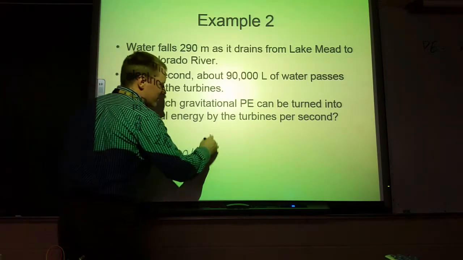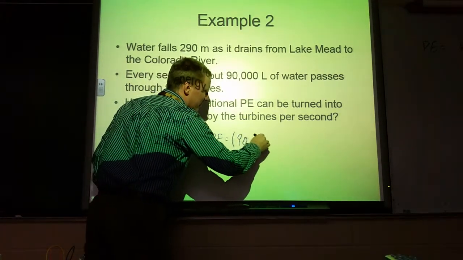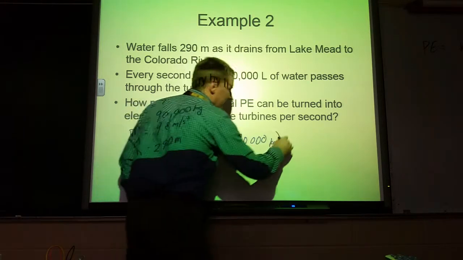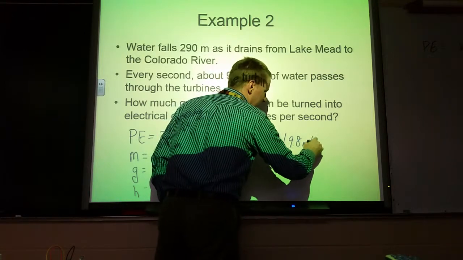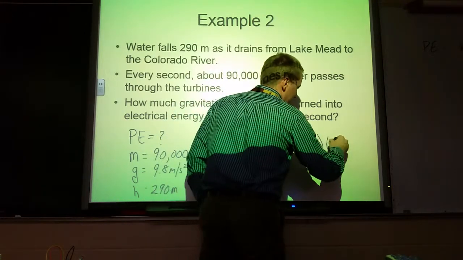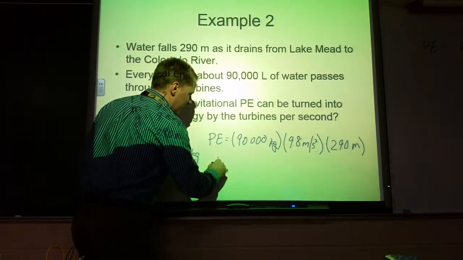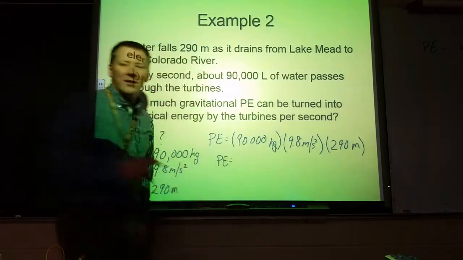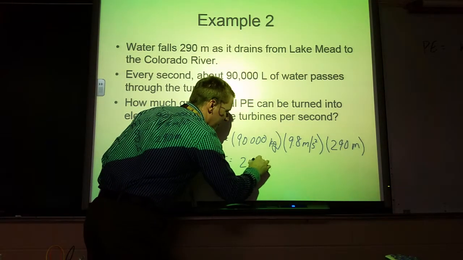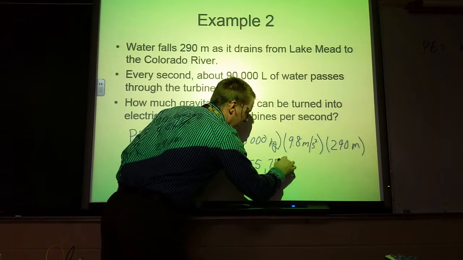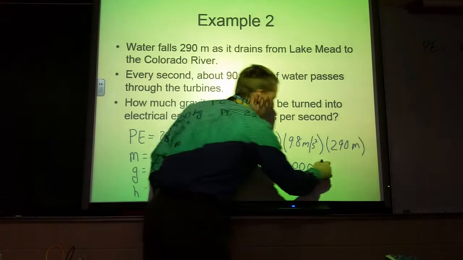Now we can multiply those. The mass of 90,000 kilograms times G times the height difference of 290 meters. And now with that small correction, what did you get? 255,780,000 joules.